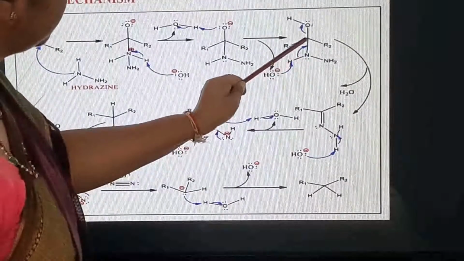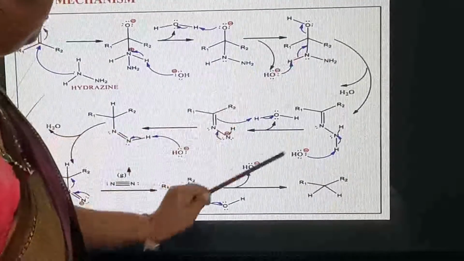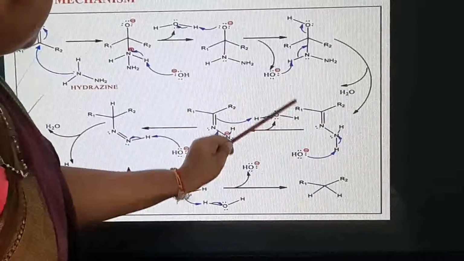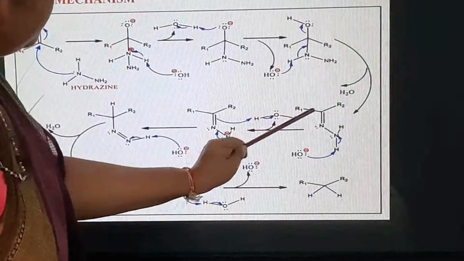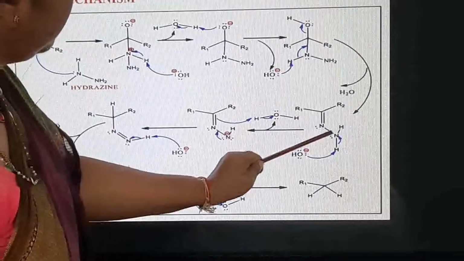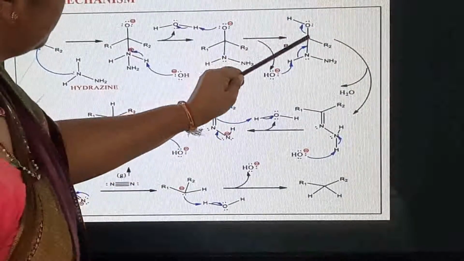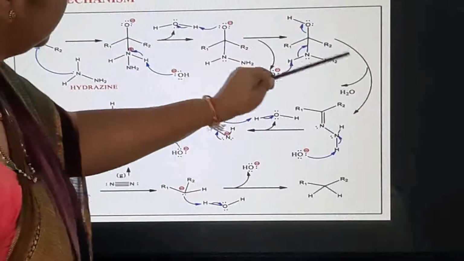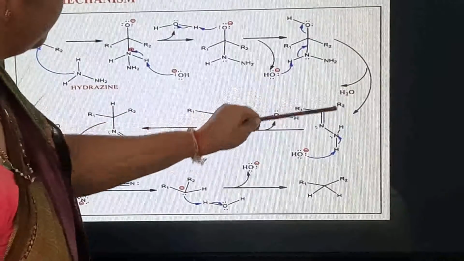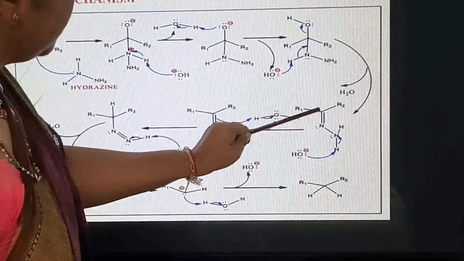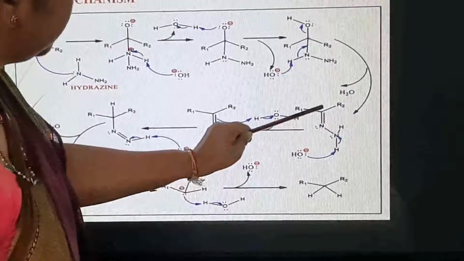These electrons are given to the carbon and form the double bond, that is R1 C double bond N NH2 R2, and the OH group is removed as a water molecule. Simply there is a formation of the imine.